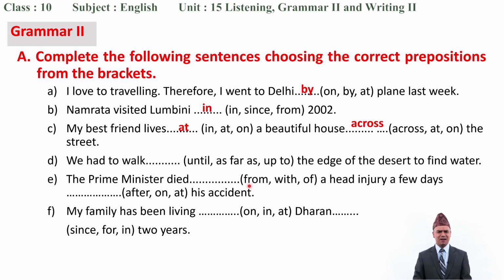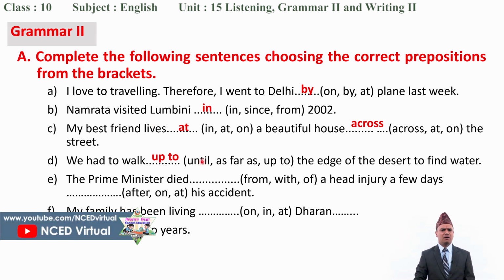Until, as far as, no, up to. Yeah, that is to the end point. Up to means not until, but here on that end point we have a marking line. In that case we have to use up to. I'll tell you its rules later on.